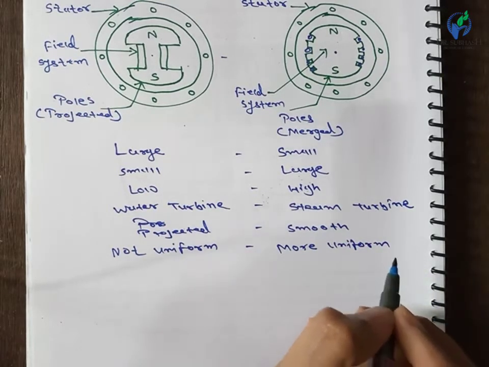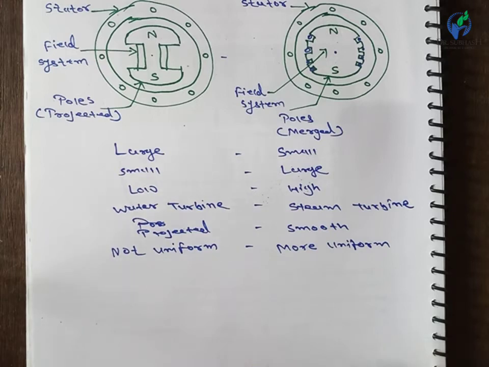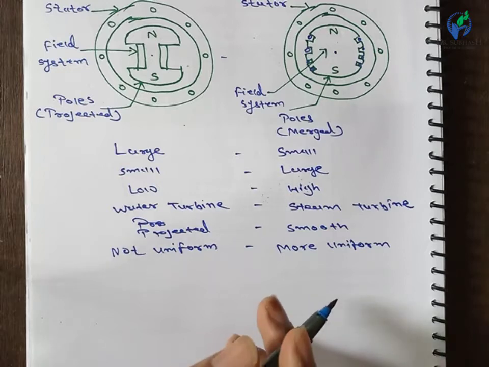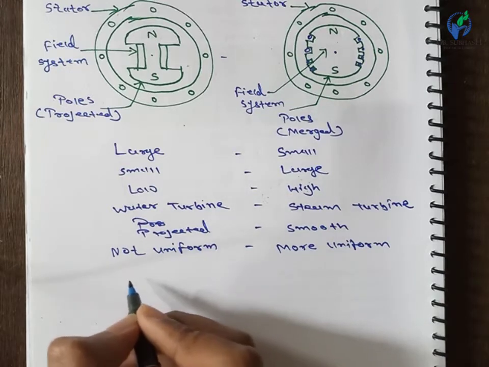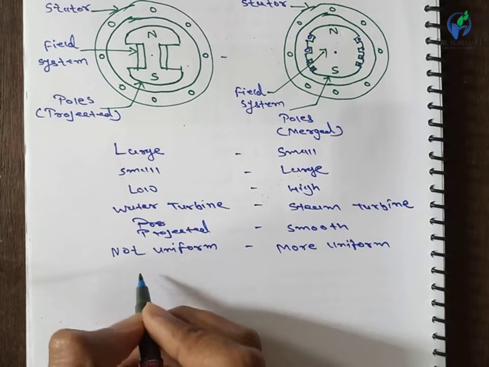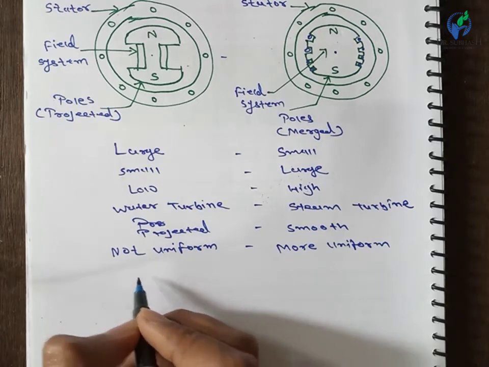In a damper winding point, in the salient pole type construction, there is a damper winding used. So we can write, presence of a damper winding.